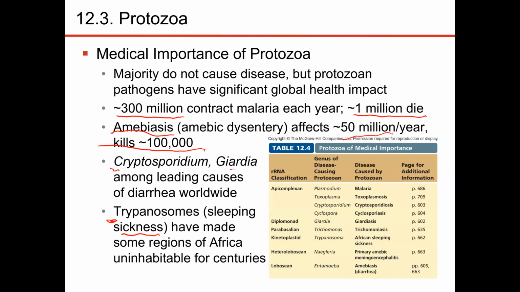It's transmitted by the bite of a tsetse fly. It's very, very dangerous because it causes the individual to go into a coma. A lot of individuals are seen as sleeping, and that's where the name comes from, but it's a painful and very uncomfortable disease.